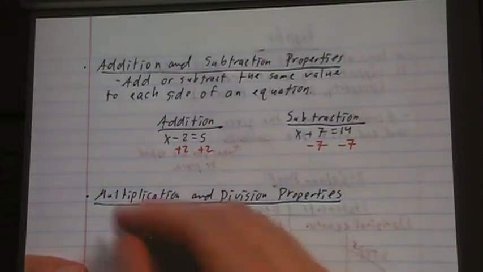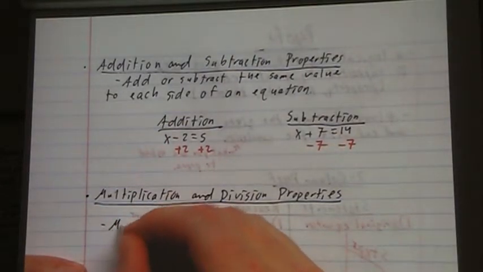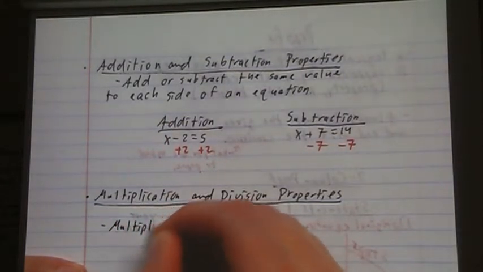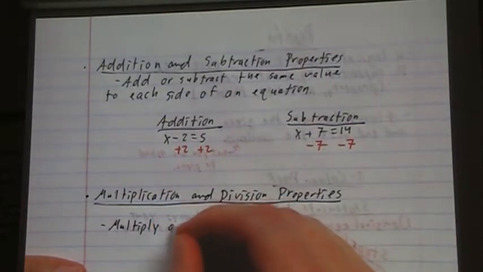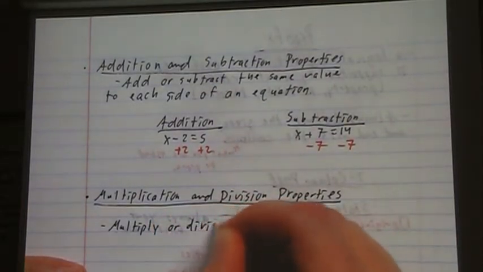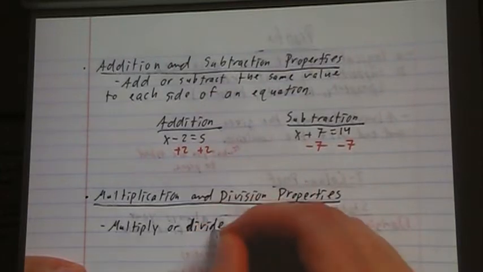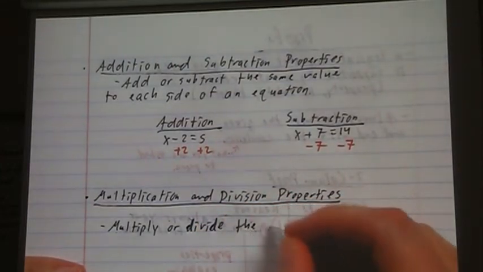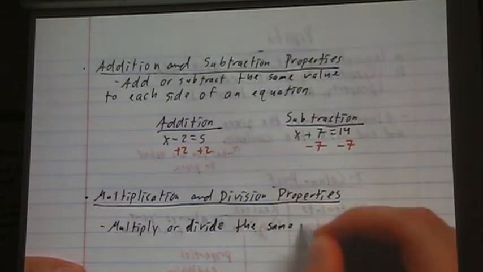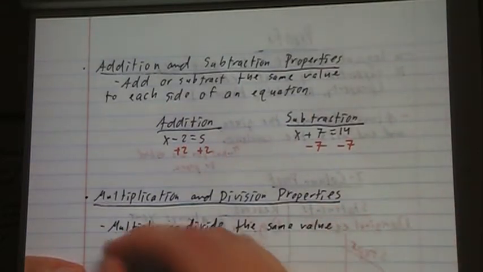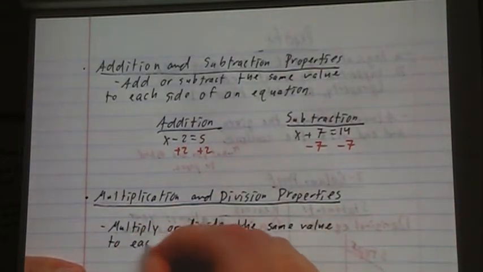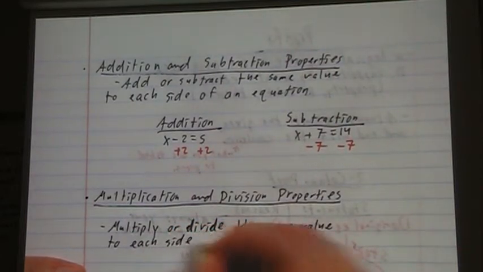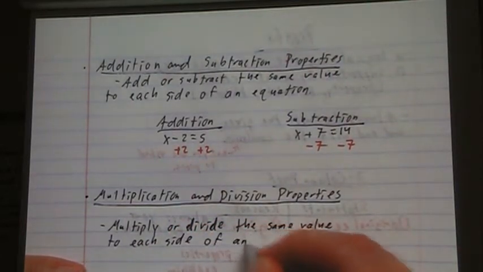And what these properties are is when we multiply or divide the same value to each side of an equation.